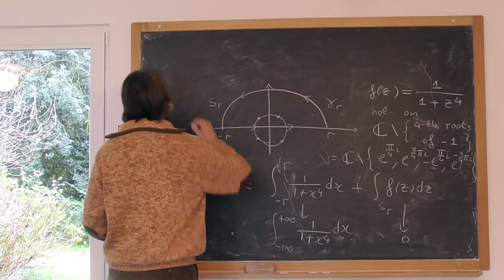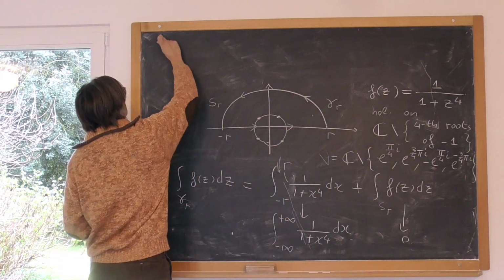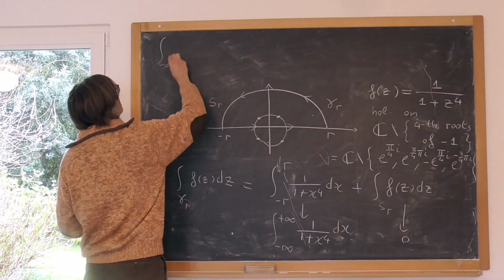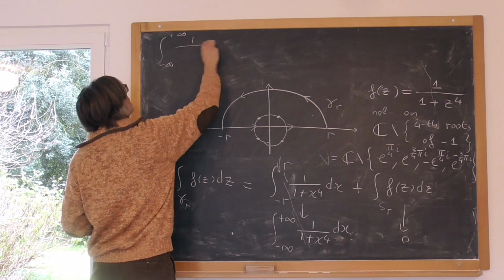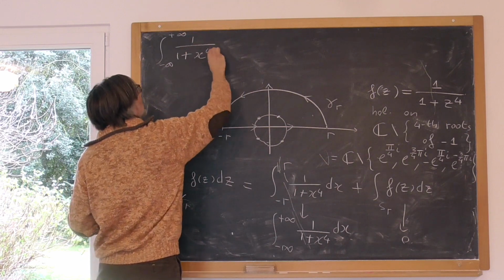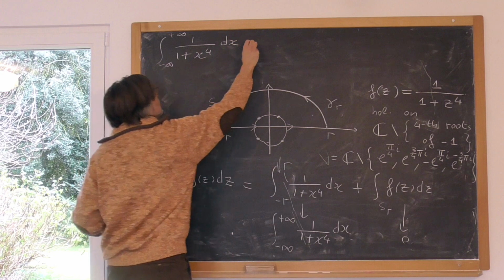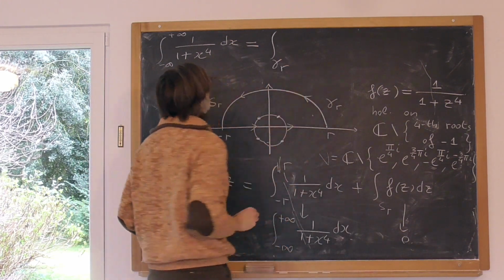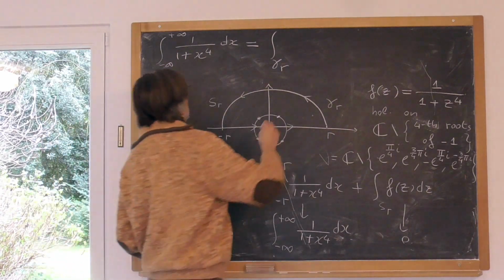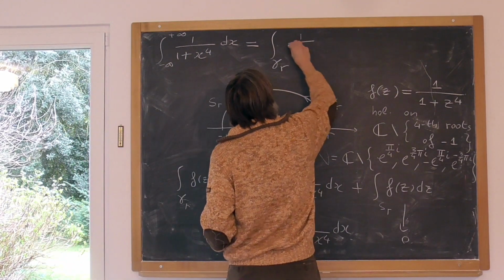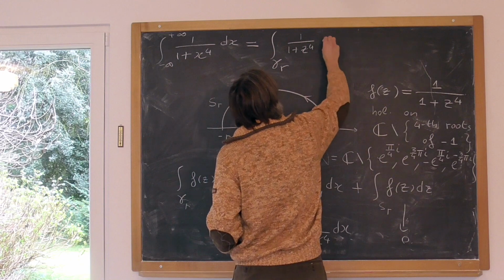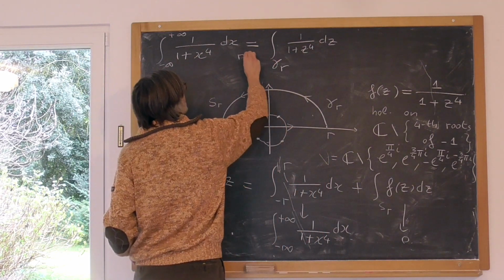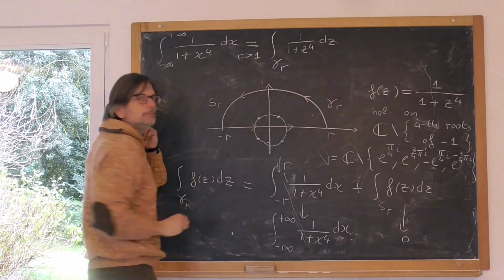By using the residue theorem, we obtain that the integral we are interested in, from minus infinity to plus infinity of 1 divided by 1 plus x to the power 4 dx, equals the integral over gamma_R of 1 over 1 plus z to the 4 dz, and this equality holds whenever R is bigger than 1.